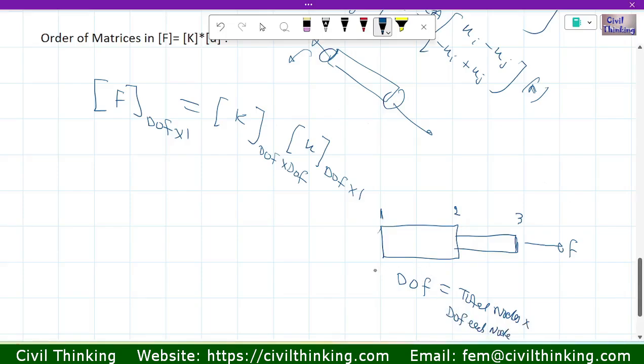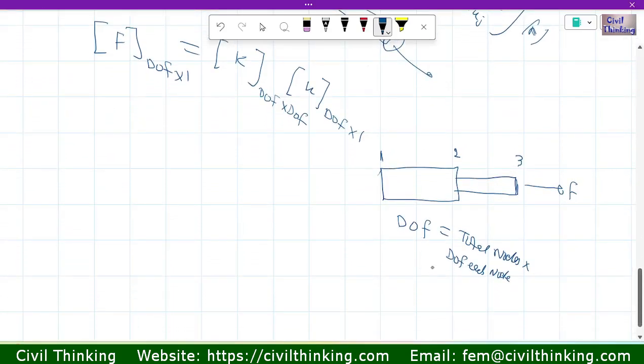So from here, what is going to happen? Total nodes is 1, 2 and 3, so it is going to be 3 times... in a bar, a 1D element with axial force, there is only 1 degree of freedom, because with force F they can only elongate. So the displacement of a node is only along one axis.